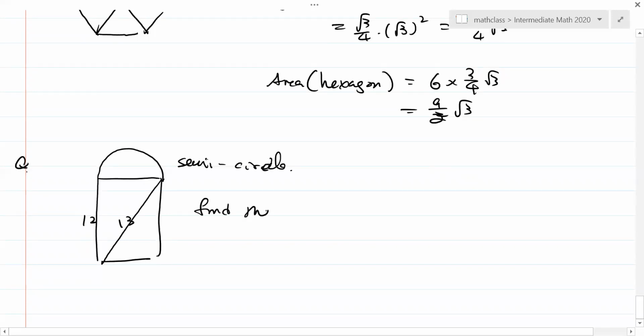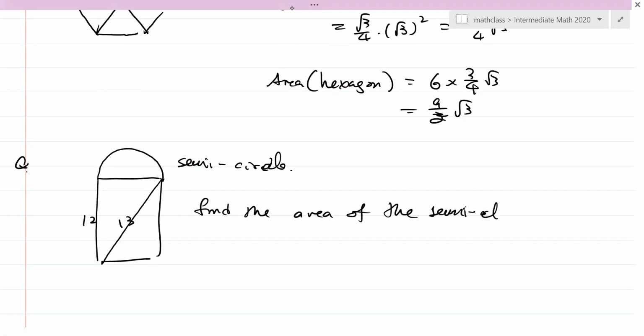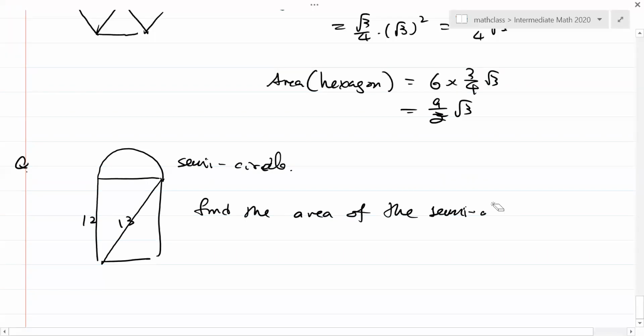Find the area of the circle. Yeah, sorry, and plus the rectangle.